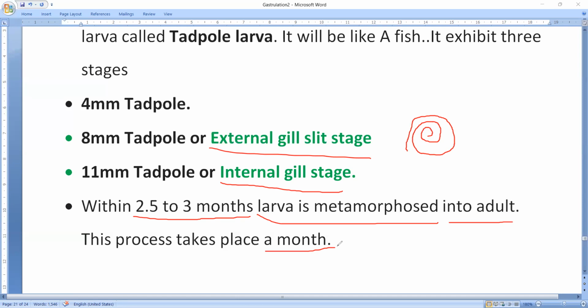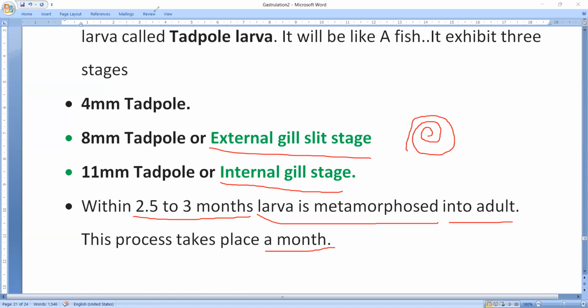The larva contains fins, which disappear, and in their place fore and hind limbs are developed. The tail will be lost, and when the tail is completely lost, it becomes an adult frog.